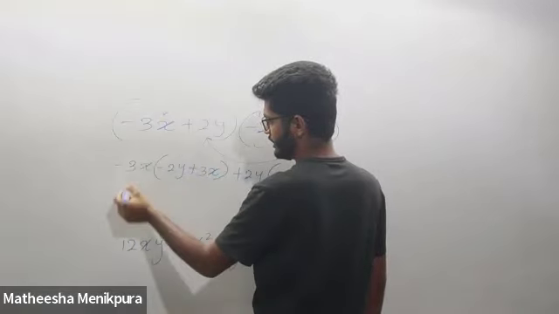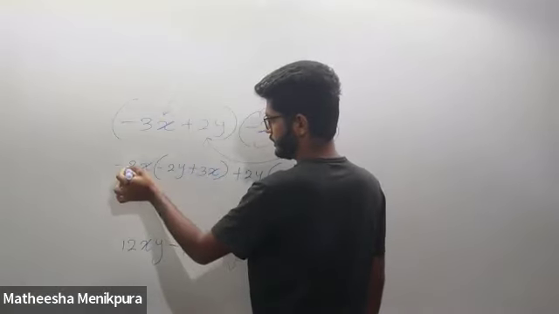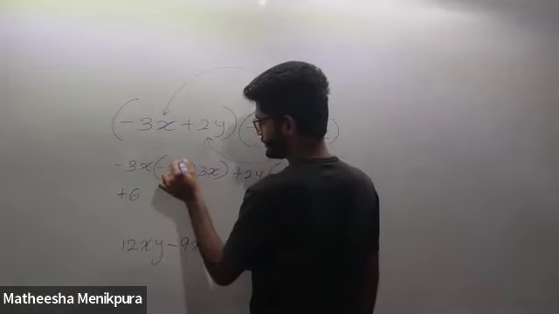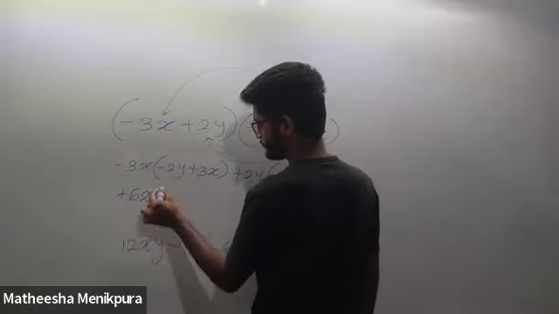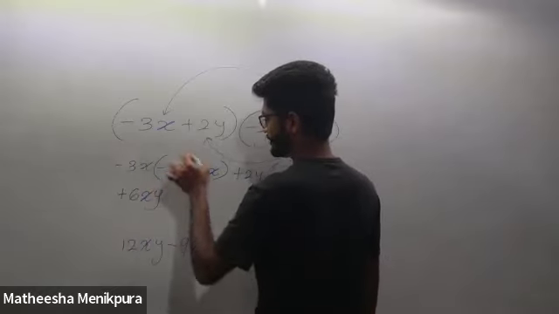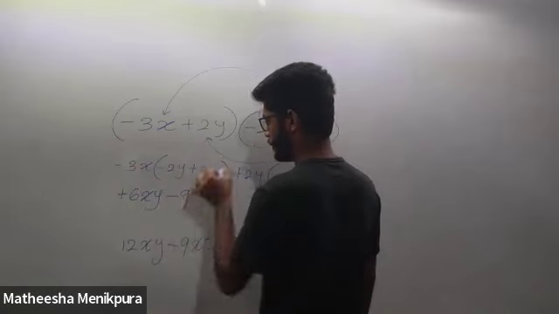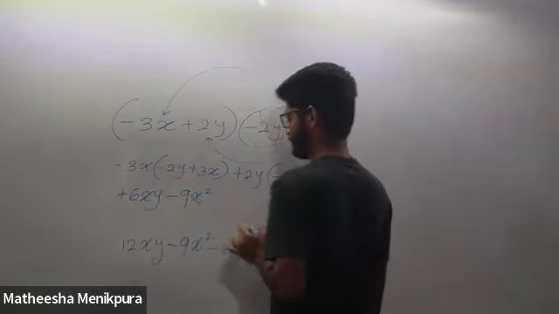Minus into minus is plus, 3x into 2y, 3 times 2 is 6, x into y, xy. Minus into plus is minus, 3 into 3, 9, x into x, x squared.